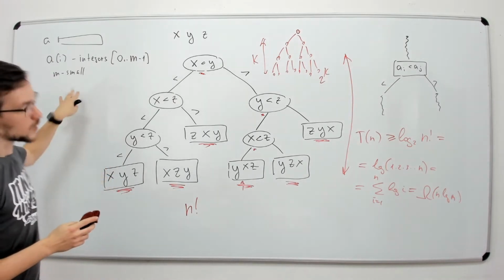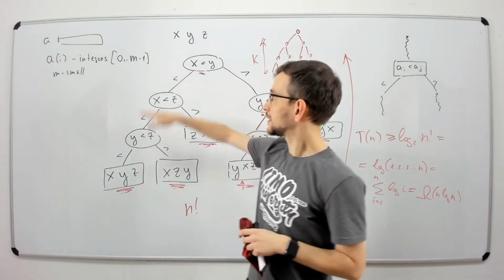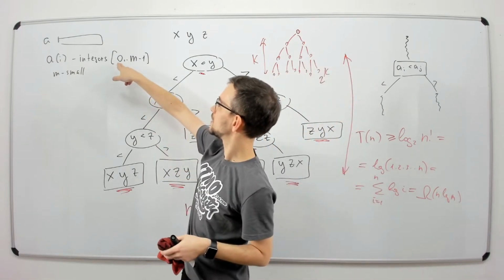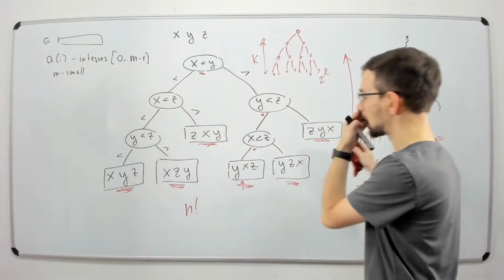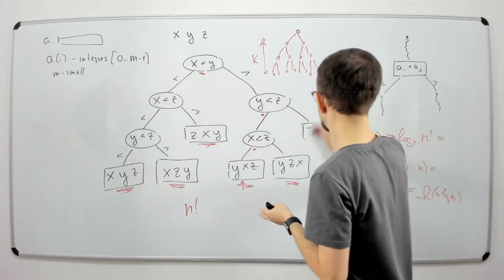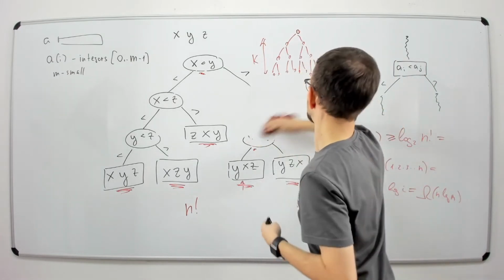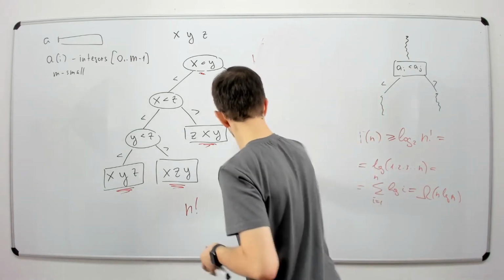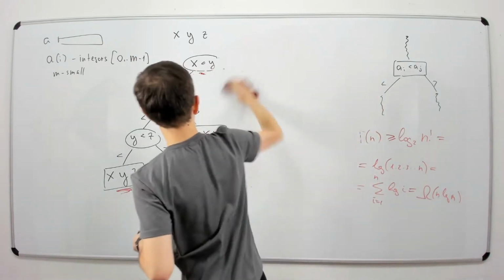Okay, now we have an array. It contains only small integers. So we have integers from 0 to m minus 1. How can we sort this array faster than in n log n time? Let's see. Oh, it's a new whiteboard.